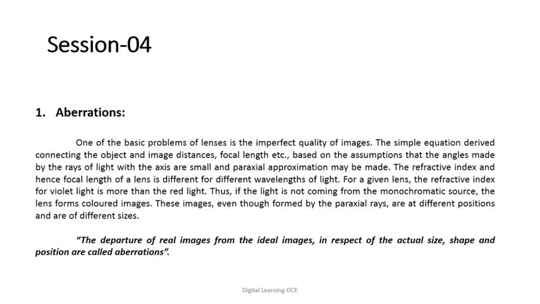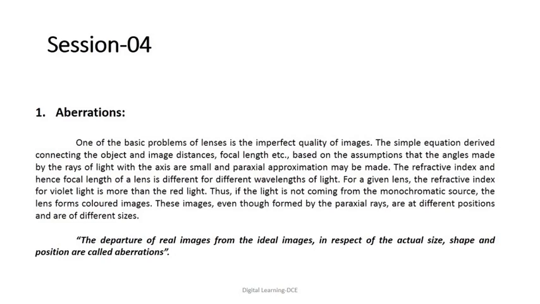The refractive index, and hence the focal length of a lens, is different for different wavelengths of light used. For a given lens, the refractive index for violet light is more than for red light. Thus, if the light is not coming from a monochromatic source, the lens forms colored images.